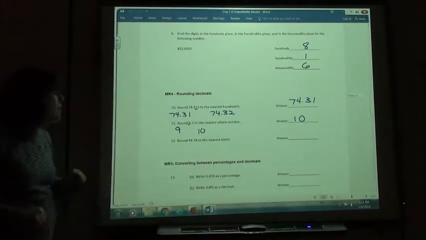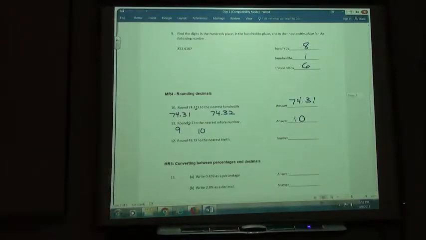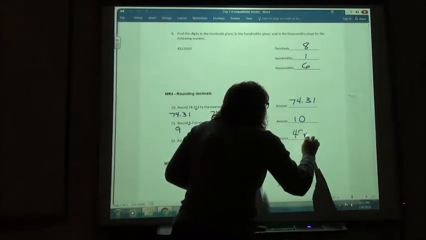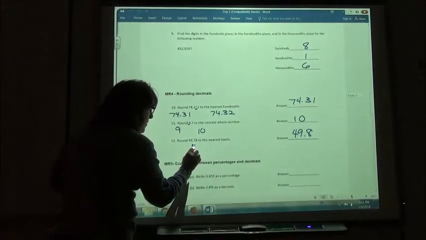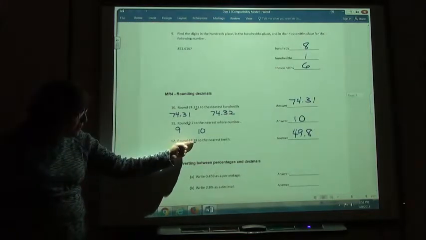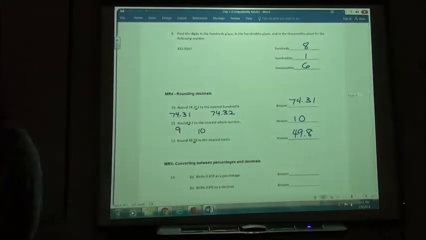If I am going to round 49.78 to the nearest tenth, what would I give for my answer? 49.8, exactly. So the 7's in my 10th spot. I'd look and say, okay, is it 49.7 or do I have to round it up? I have to round it up since there's an 8 there.